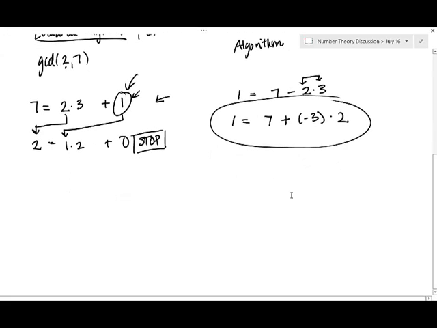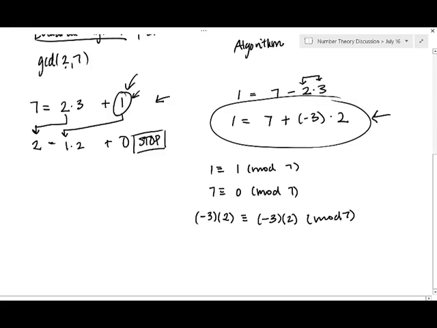So I'm going to look at each of these pieces and consider what they're congruent to mod 7. 1 is congruent to 1 mod 7, 7 is congruent to 0 mod 7, and negative 3 times 2 I can just leave as is.